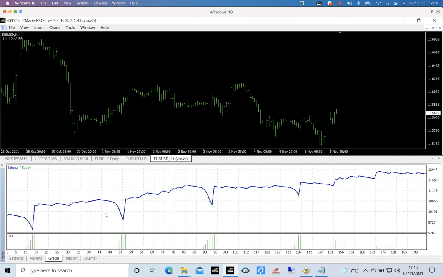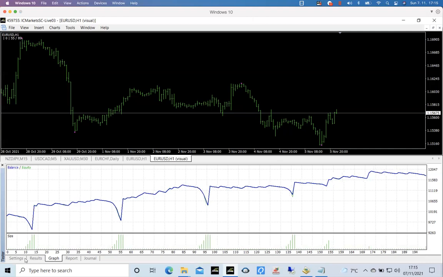This system enters only 1 trade at a time, so it's not any kind of grid or martingale. It will work with any broker with FIFO or anything like this. You know what I mean? So there are no restrictions on this.